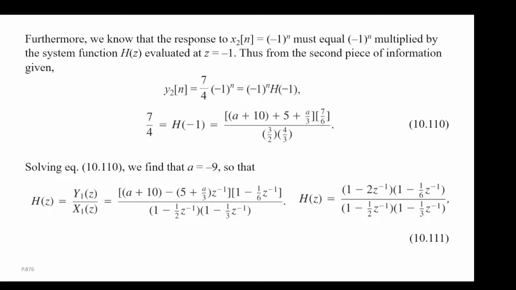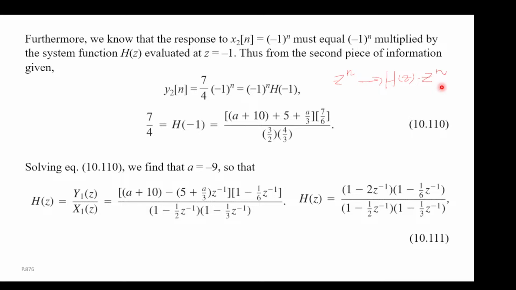We know that z^n is the eigenfunction of every LTI system, with eigenvalue being H(z), so it becomes H(z) z^n. For every z, z^n is an eigenfunction of every LTI system, with eigenvalue H(z).